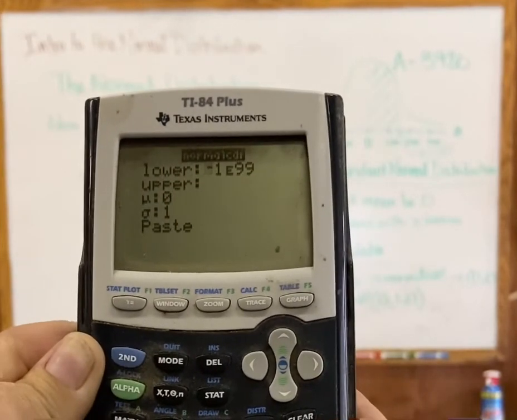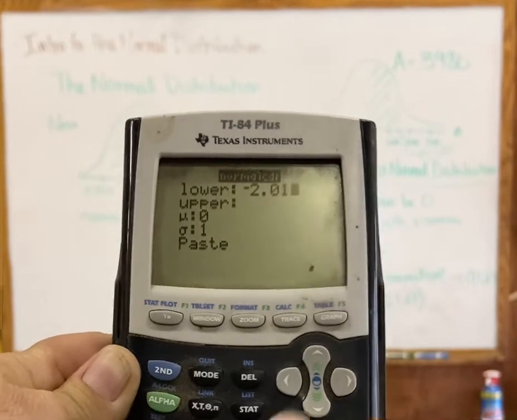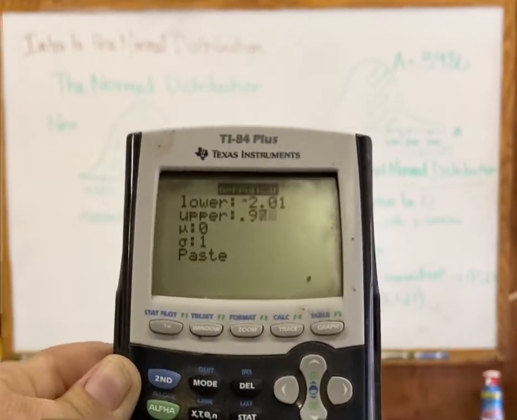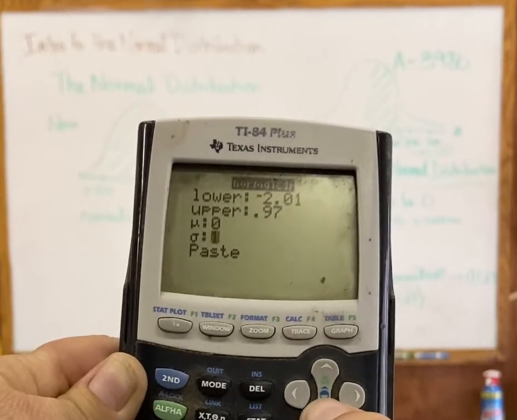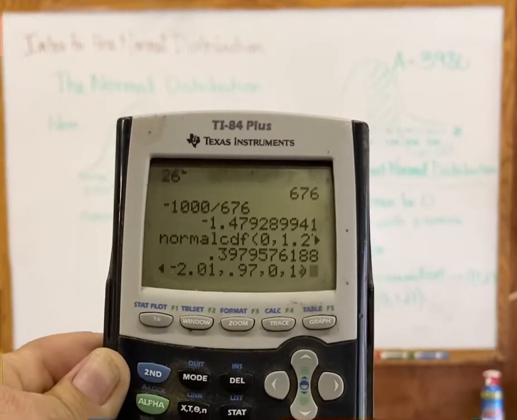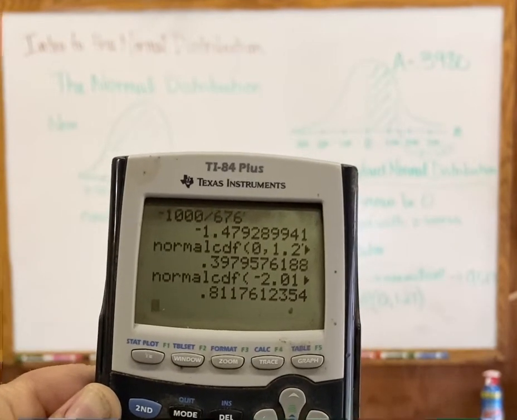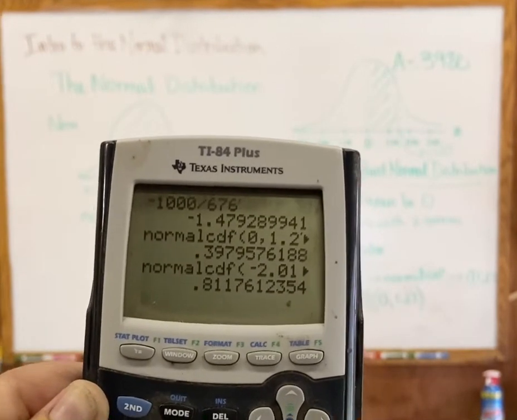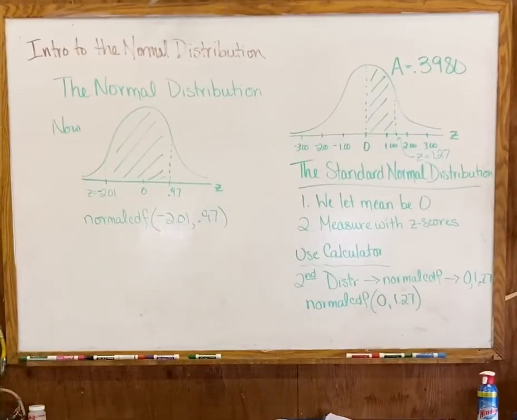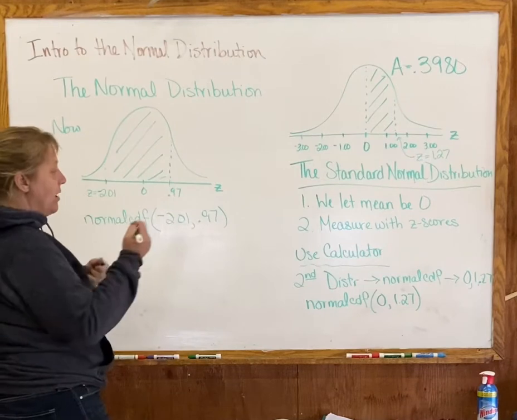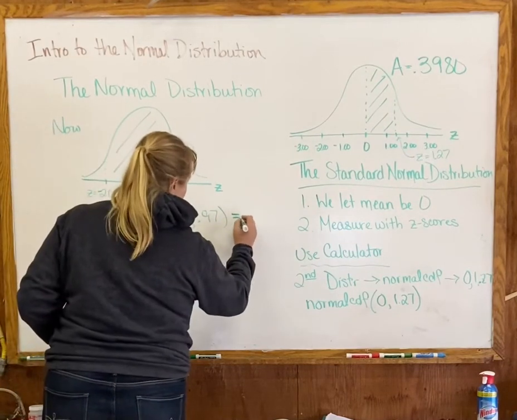Lower boundary is going to be a negative 2.01. Upper boundary is going to be a 0.97. Down, down, down, paste, paste. And here I get a 0.8118 if you round. And no matter which form your calculator does, the answer should come out the same.